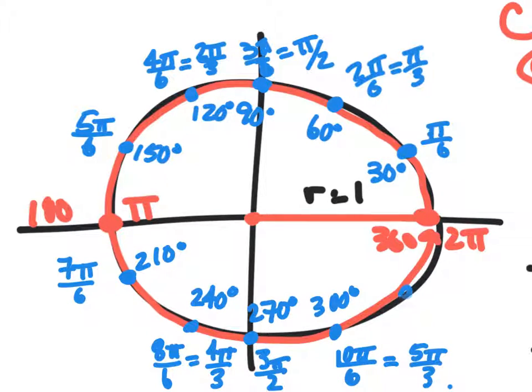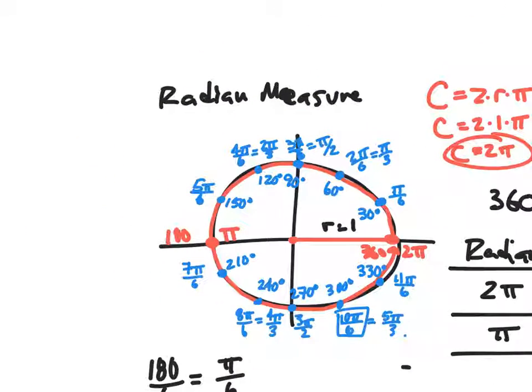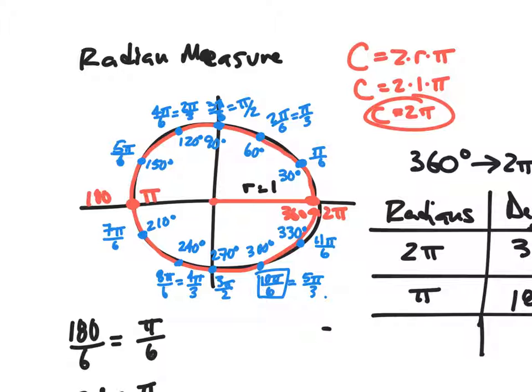Okay, add another 30 degrees, and we're going to get 330 degrees. If I add another pi over 6 to this, it's going to give me 11 pi over 6 radians.